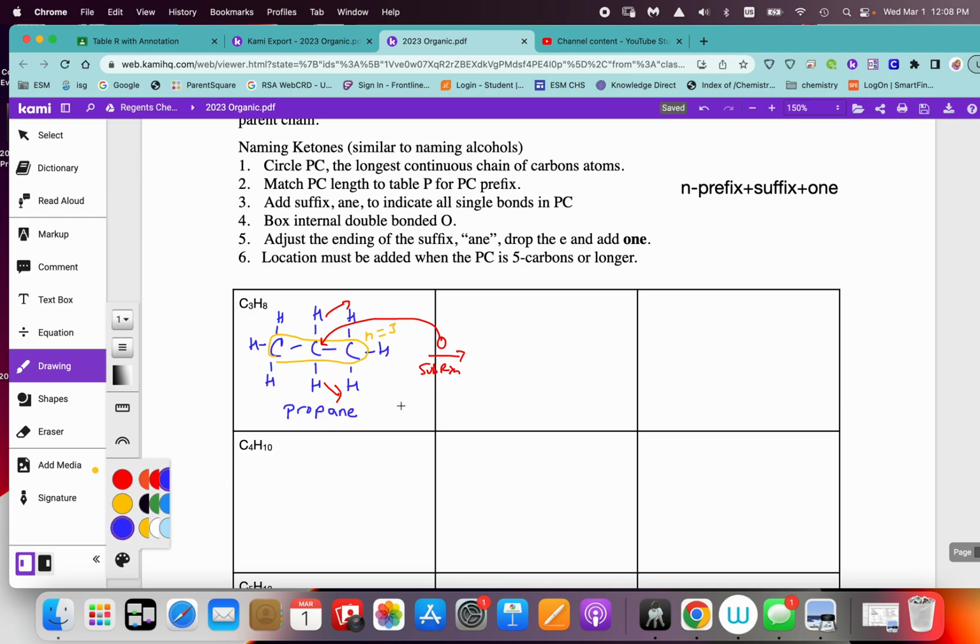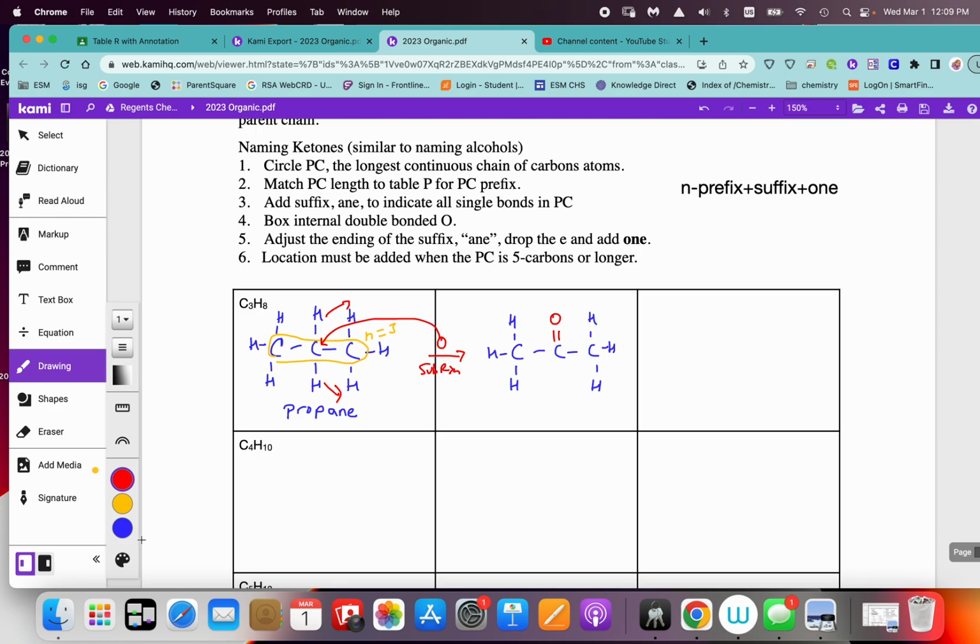So this is what we have when that substitution occurs. We still have our 3 carbons in the parent chain. Carbon number 1 still has 3 hydrogens attached to it. Carbon 3 at the other end still has 3 hydrogens attached to it.